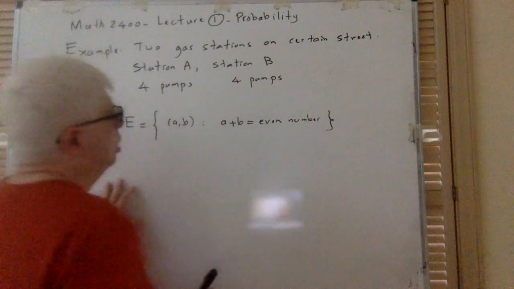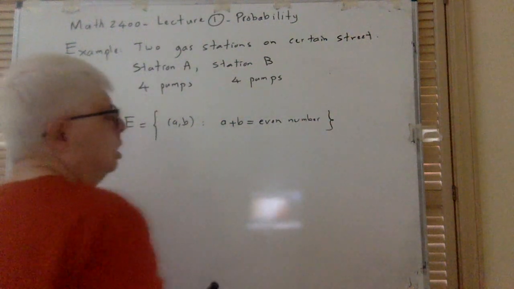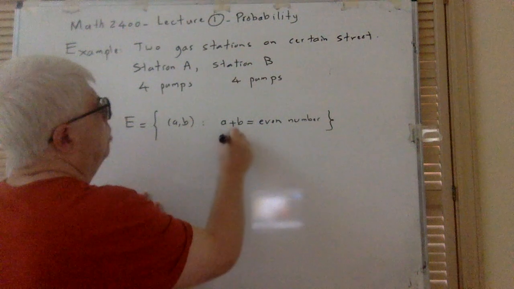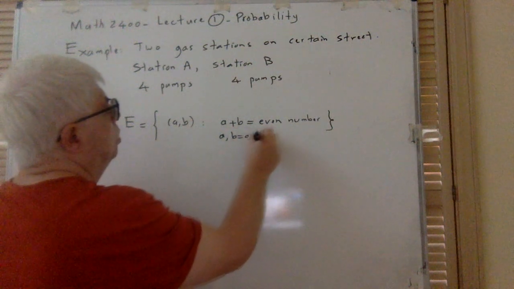We can write it like this, and we should say that a and b go from 0 to 4.